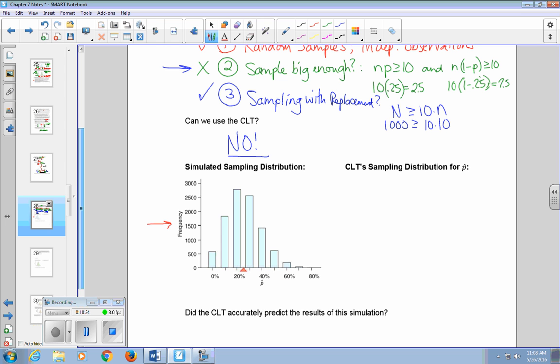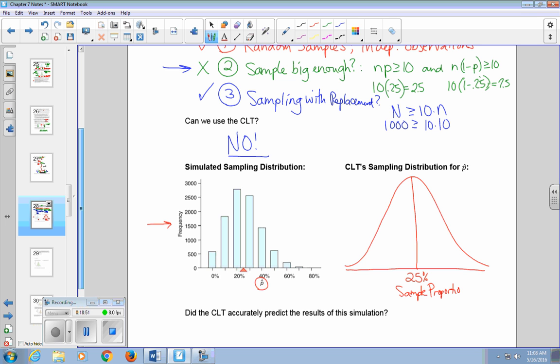So I've recopied the simulation results here. And what we're going to do on the right is show what the central limit theorem's model would have predicted if the conditions had been met. It's going to predict the shape is normal. It's going to predict the center to be at 25%, or 0.25 in decimal form. Keep in mind that the horizontal axis here is sample proportions, or p hats, just like in our simulated results.